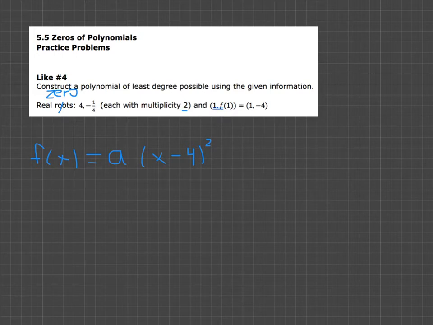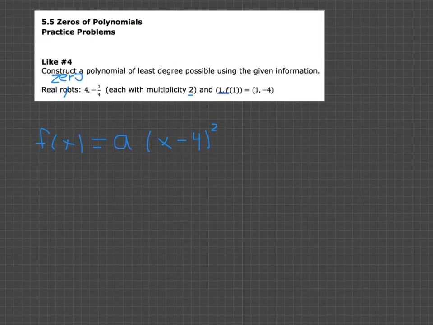All right, now what about that negative 1/4? If we were to write that just like we would if it was an integer, we would write x plus 1/4. We want to actually not have a fraction there. So we want to think about how we would end up with x equal to negative 1/4 if we don't have a fraction.